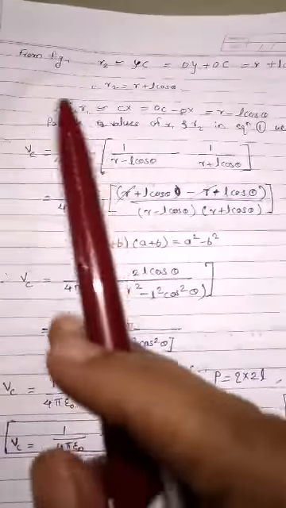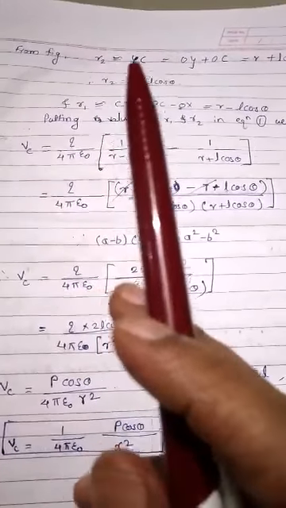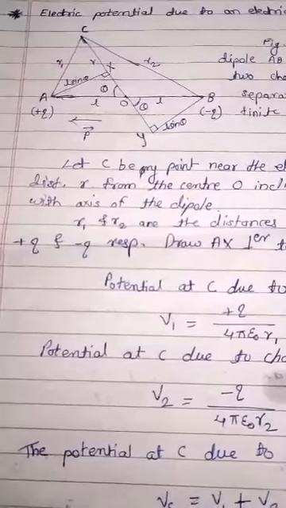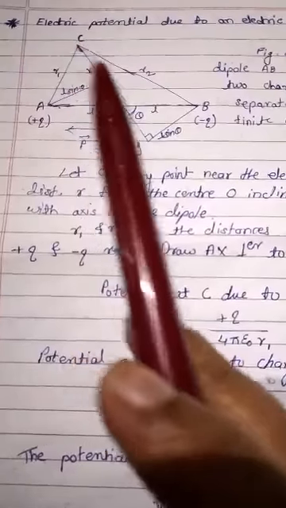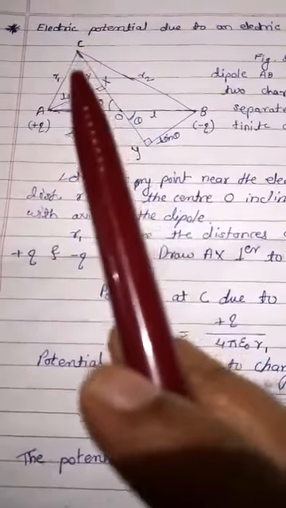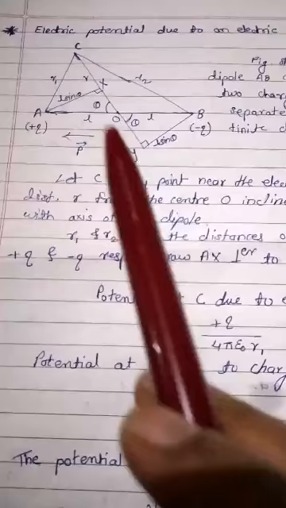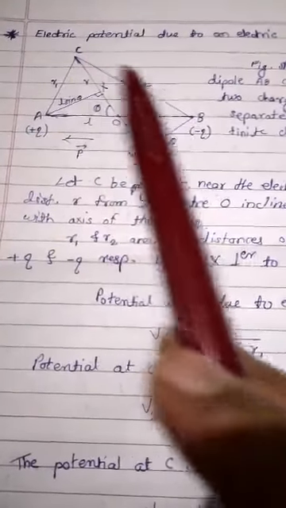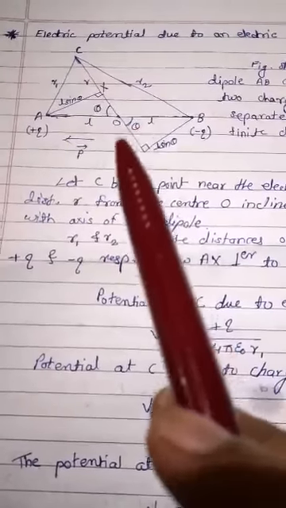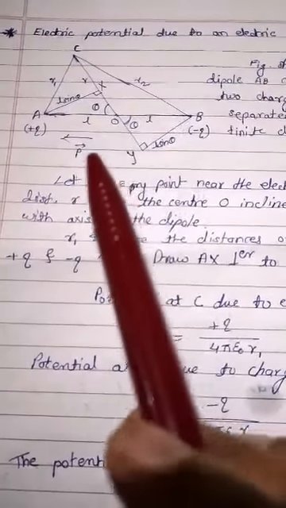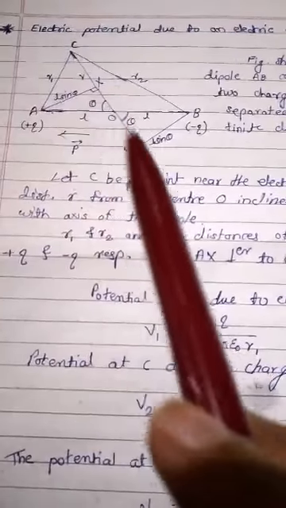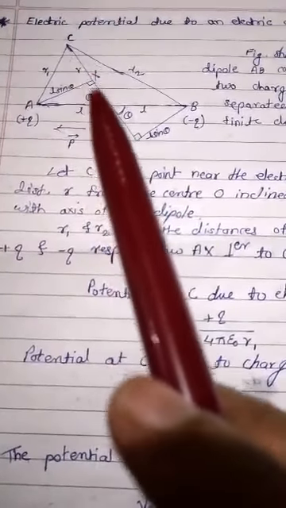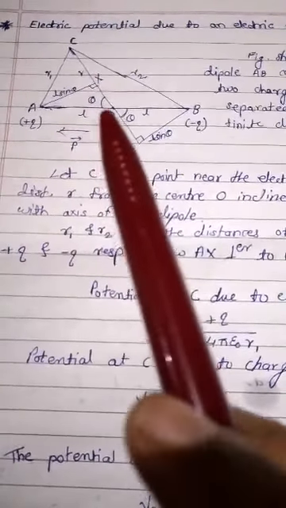Now from the figure, R2 is nearly equal to YC. Again, see the figure: R2 is nearly equal to CY, or YC, in this line. So YC is equal to OY plus OC.